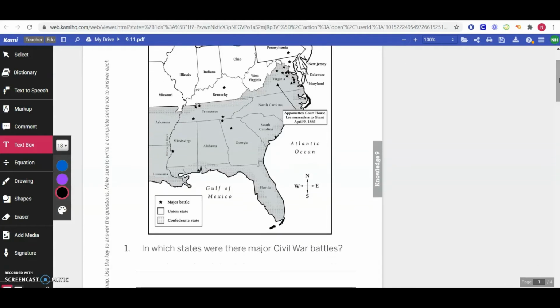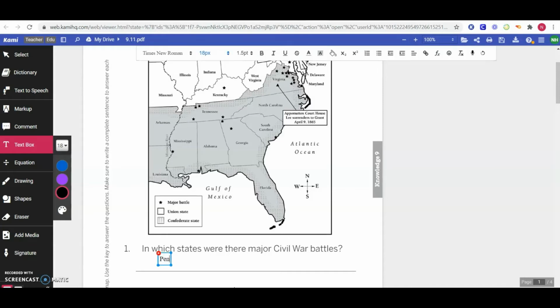So if we look at our stars on our map, we can see that there are stars in Pennsylvania, we can see that there are stars in Virginia. There are stars in Kentucky and Tennessee.